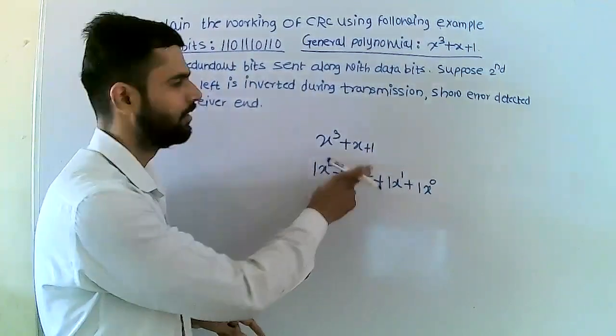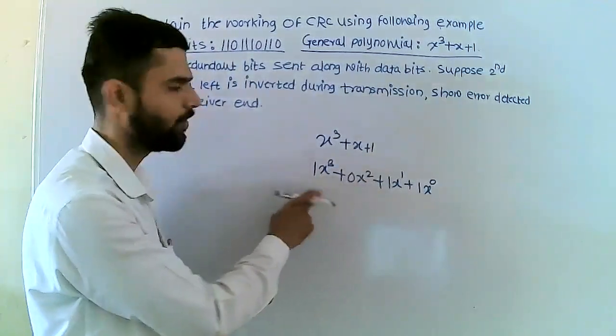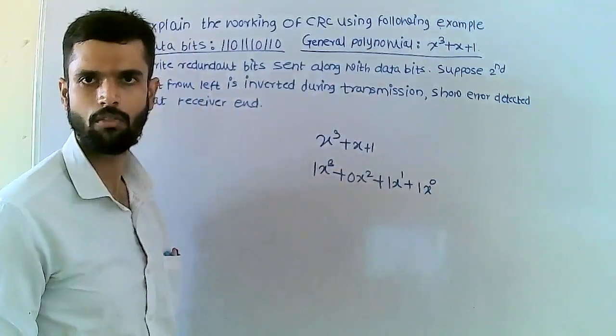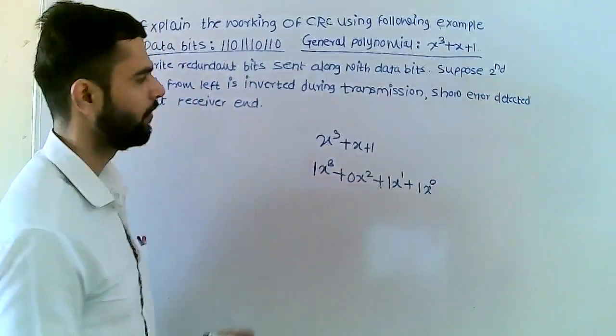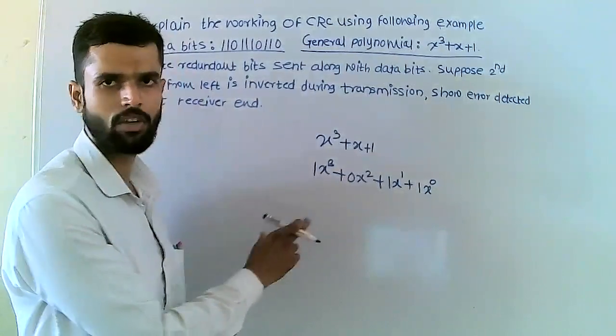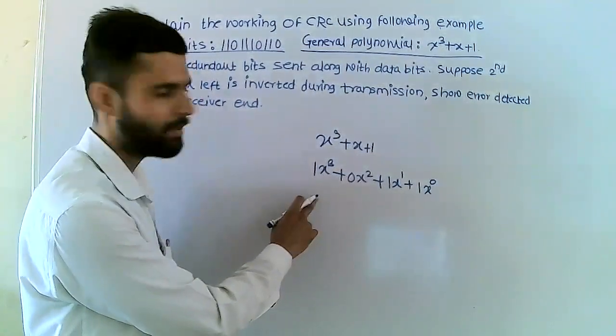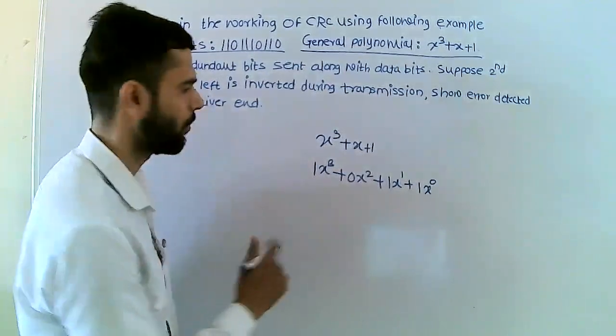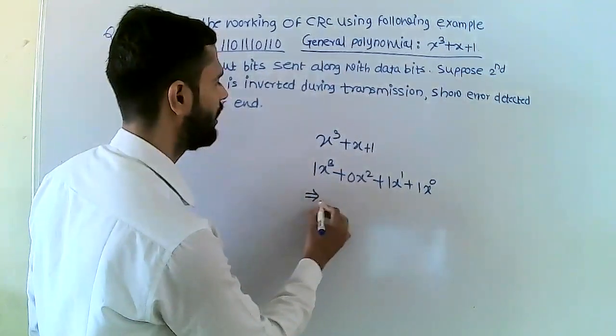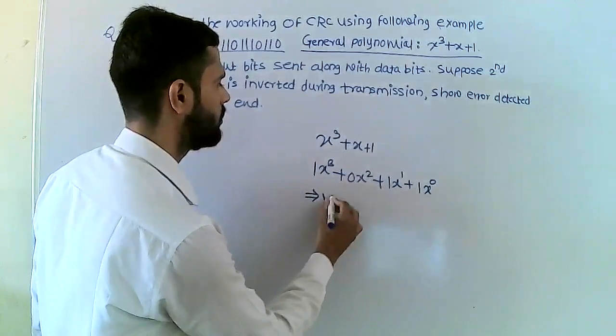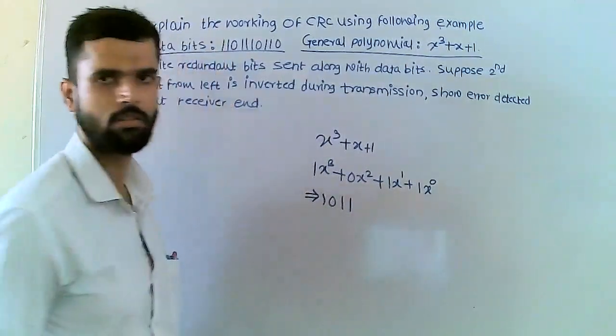Why have we converted the equation into this form? Because we want the coefficients. Why do we want the coefficients? Because we want the binary conversion of this polynomial form. If we represent this equation in binary format, it gives 1 0 1 1.